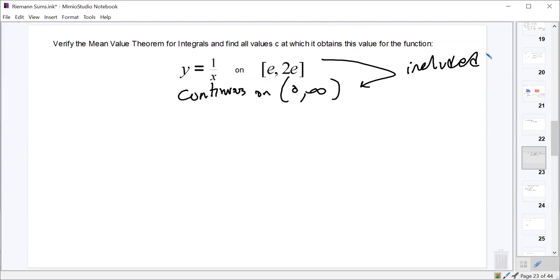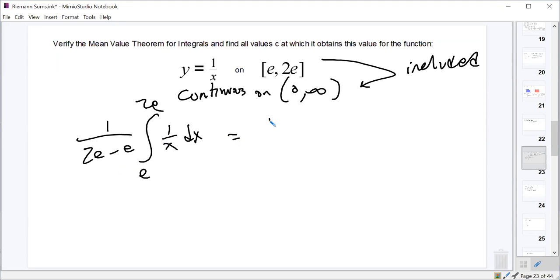So it's a continuous function, therefore we can find the average value, the mean value. It should be equal to 1 over 2e minus e times the integral from e to 2e of 1 over x dx. 1 over 2e minus e is just 1 over e, and then the integral of 1 over x, like you just said, is natural log absolute value of x, evaluated from e to 2e.